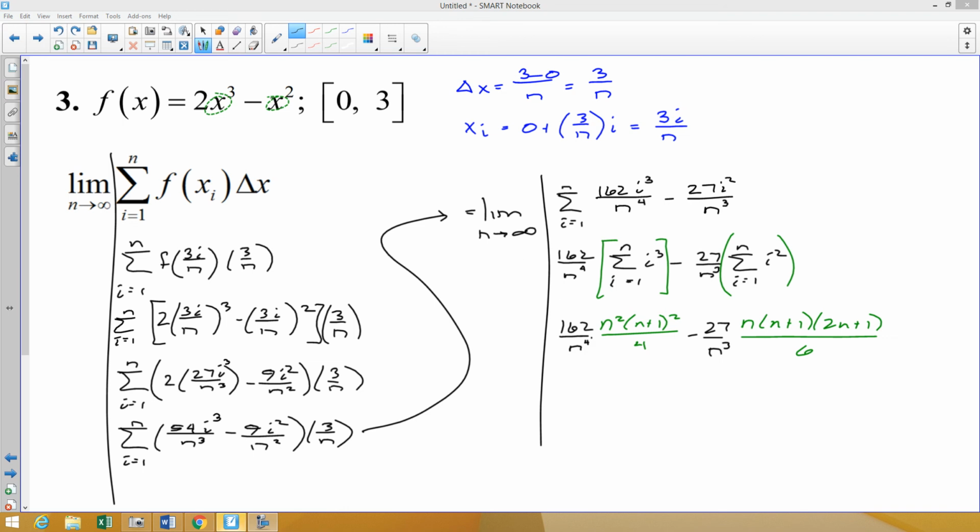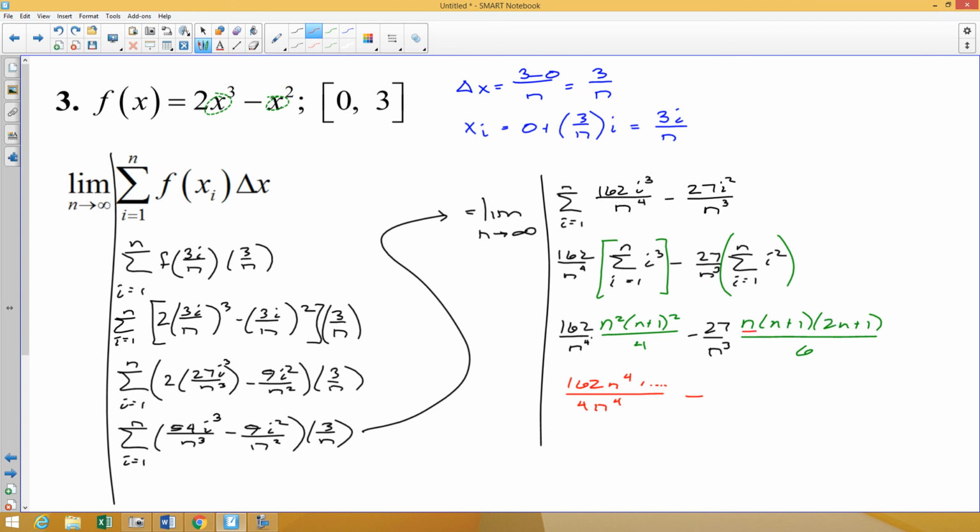So that's one thing you can do as a little safe check. If you're doing this with polynomials, you should end up with degrees on top and bottom being the same, and now I do. If I were to expand that, that's 162 n squared times n squared, which gives me 162 n to the fourth, and a bunch of other stuff that's insignificant because that's the high power term, over 4n to the fourth, minus 27 times n times n times 2n.